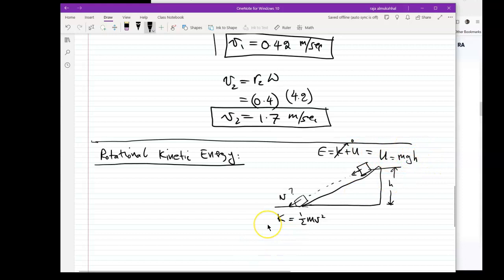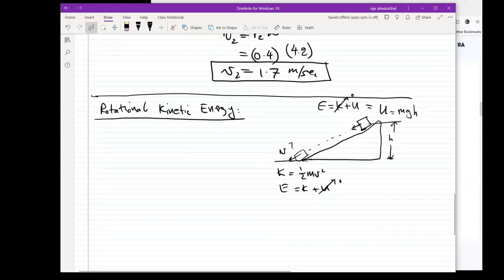Here, however, we have E equals K plus U, but U is 0, because at the bottom there is no height, so it's all K, and that's equal to 1/2 mv squared. However, because of the conservation of energy, this E and this E are the same, and therefore mgh equals 1/2 mv squared. We're going to equate them together.